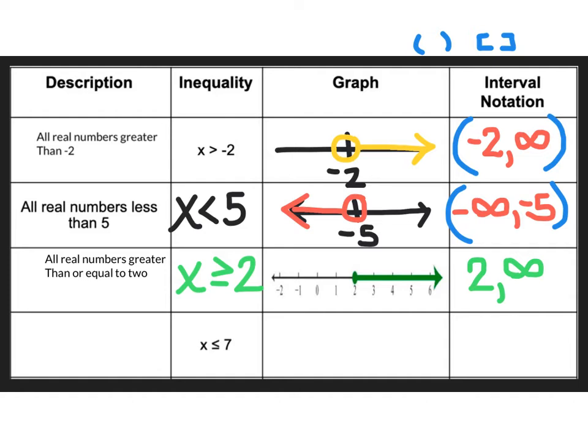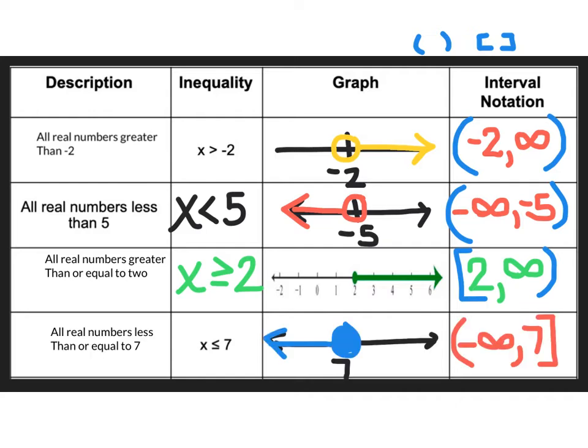This time, however, 2 is part of our solution set. To indicate that, we use a bracket, but again, infinity can never be contained, so it gets a parenthesis. Try the next one on your own, pause, and then check your answer. So you can see that in interval notation, we have the interval from negative infinity to 7 with a parenthesis and a bracket on the right.